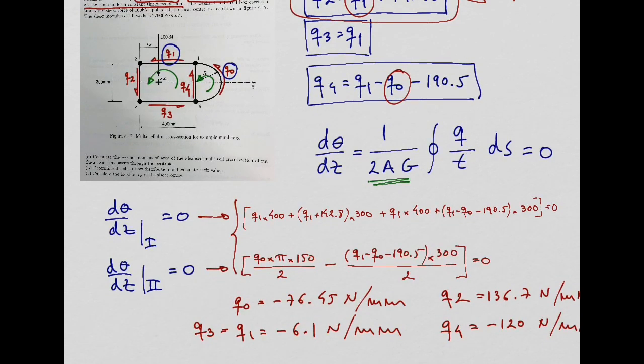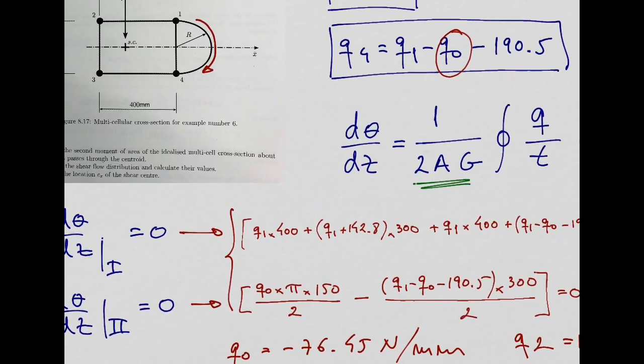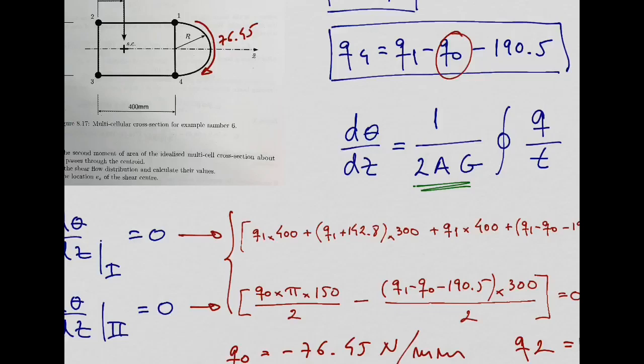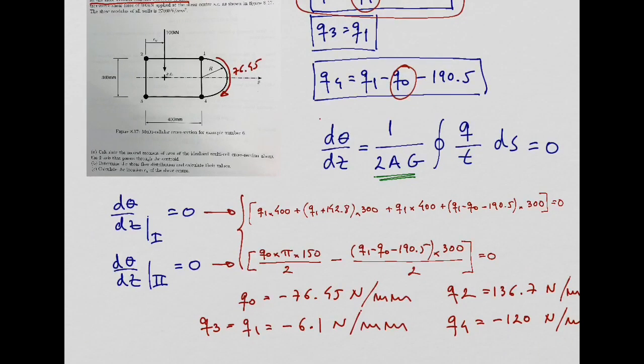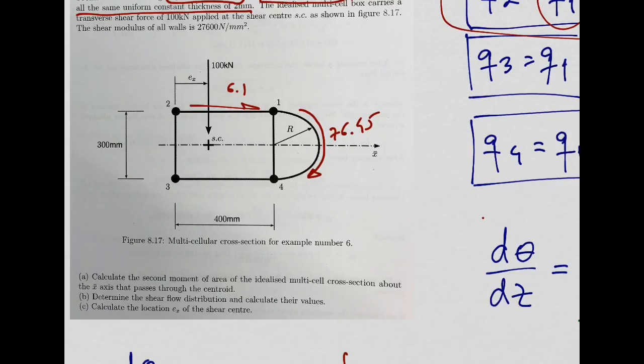So what you can do now is, Q0 is minus 76.45, so you need to reverse the direction of Q0, and you put here 76.45 Newton per millimeter. Q1, also negative, minus 6.1, so 6.1. Q3 equal to Q1, so also equal to minus 6.1, so Q3 is also going to be in this direction, 6.1.